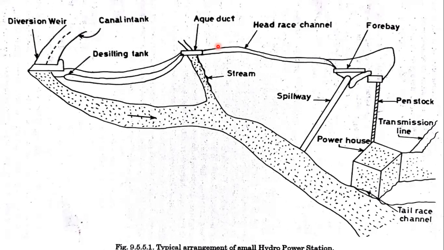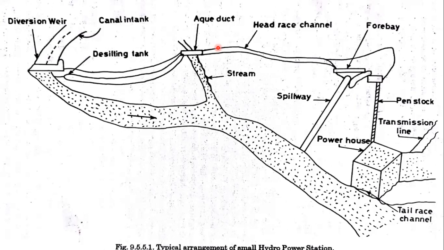If a solid boulder structure type weir is used in non-rocky foundations, maintenance and repair of damages due to scour may create some problems. The diversion weir should be capable of diverting all the season flows, and the structure will be reasonably safe during monsoon floods also.